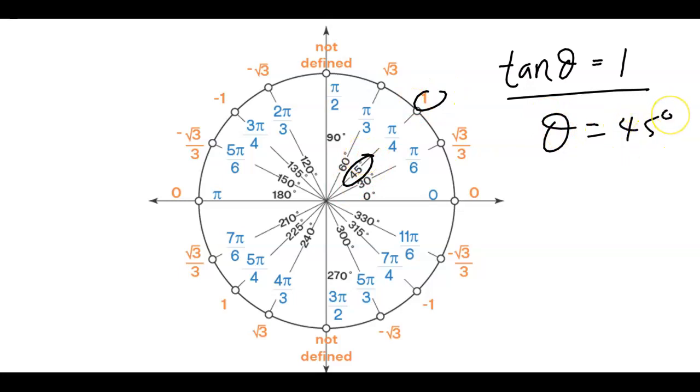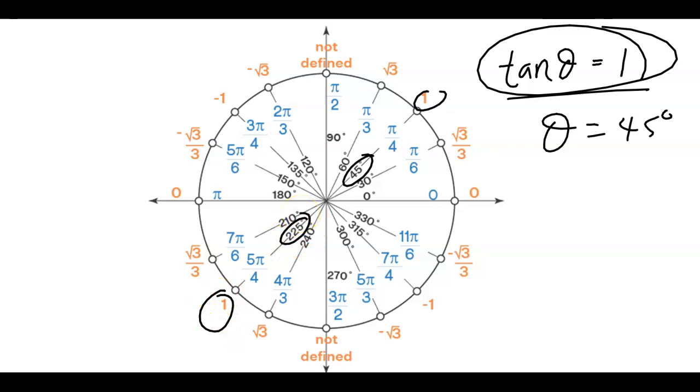Okay, but I want to show you guys what the other angle is that also equals 1, because there's another place where tangent equals 1. Do you guys see where else it equals 1? It's right here, and it's at 225. Now here's what's interesting about tangent. It will always be like this. They're always diagonal from each other, and they're always 180 degrees apart.